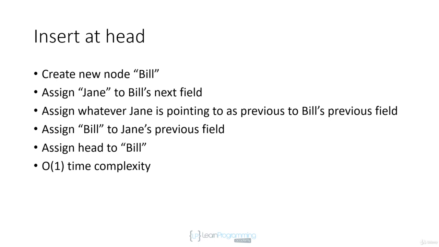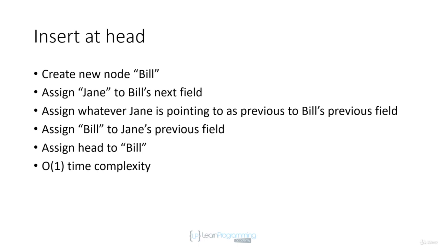And his previous field is going to point to whatever Jane's previous field is, because if we're inserting Bill in front of Jane, which is what we're doing, then Jane's previous field is now going to become Bill, and Bill's previous field will become whatever Jane was pointing to. Now, if we're always inserting at the head, that would mean that Bill's previous field is going to point to null.